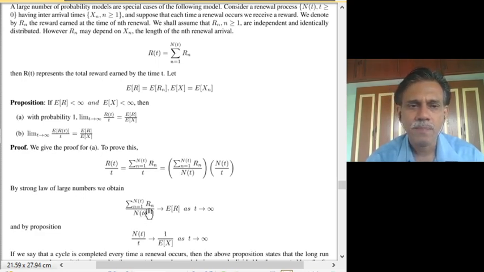What it tells is, R1, R2, R3 are all samples of the random variable r, and we are doing an average of a large number of samples, okay, an ensemble average, and when the number of samples taken is large, then this average will become equal to the expected value of r.